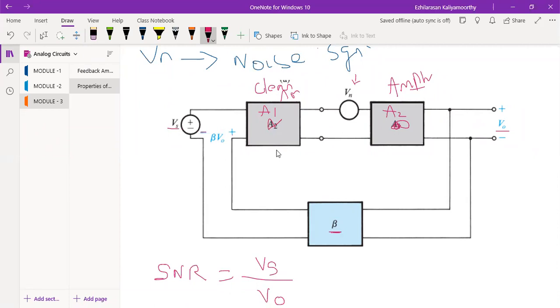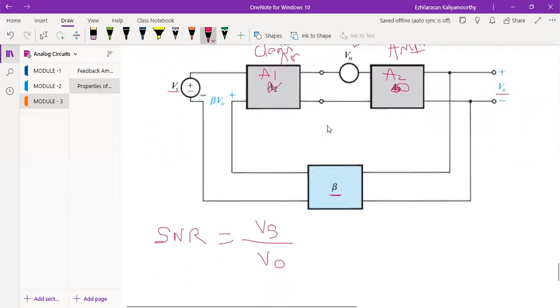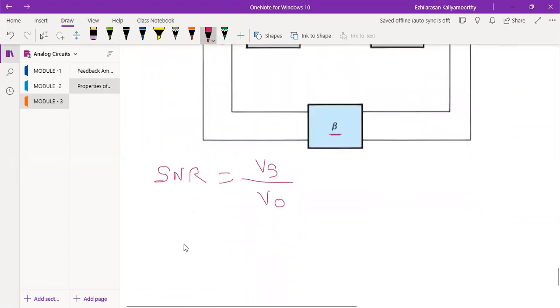This is very, very important here. Simply, we can say the block A1 represents the gain before entry of Vn, and A2 after entry of Vn. So A1 is before the noisy signal, A2 is after the noisy signal. Therefore both are in cascade connection. Then I can say A is equal to A1 dot A2.